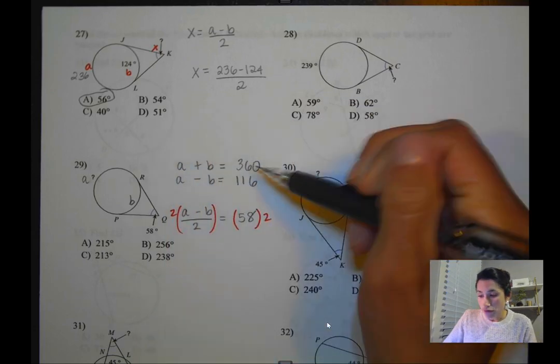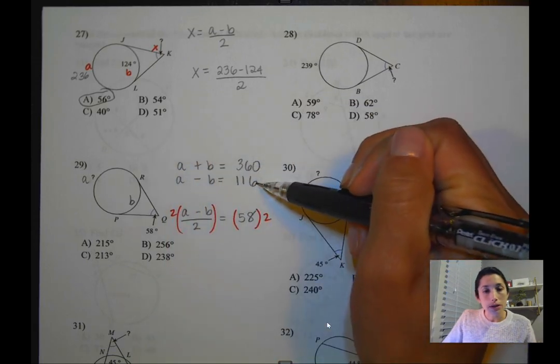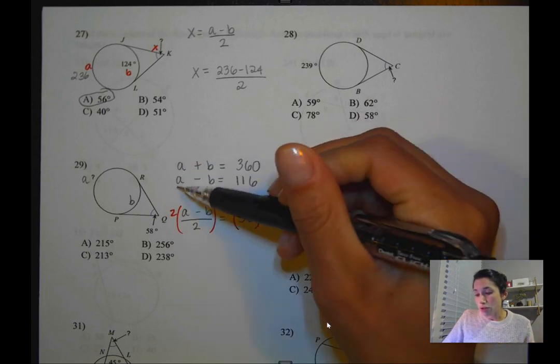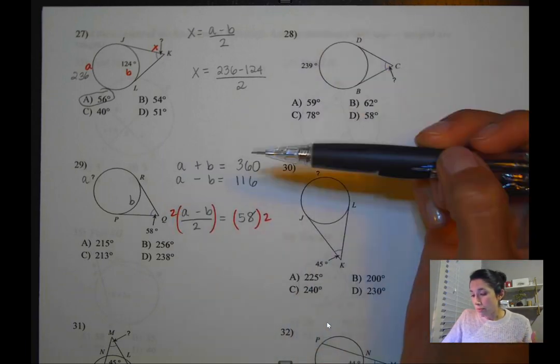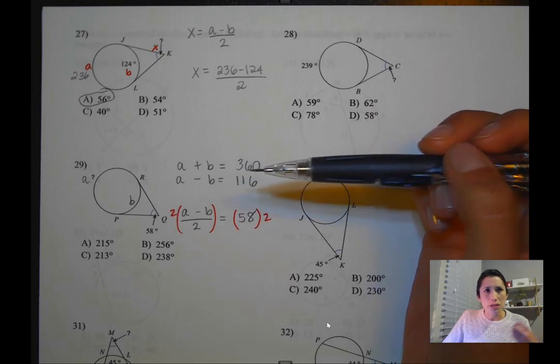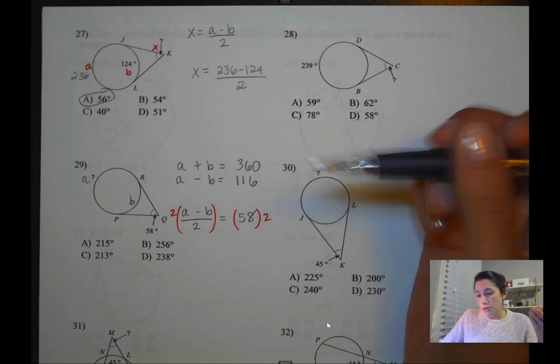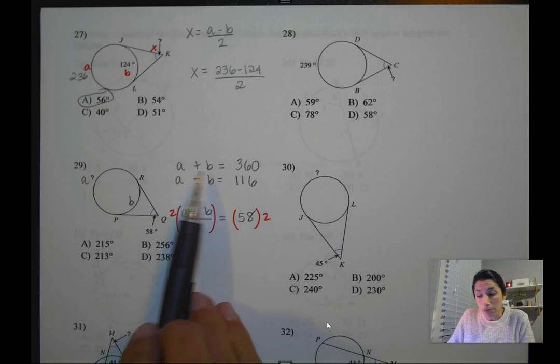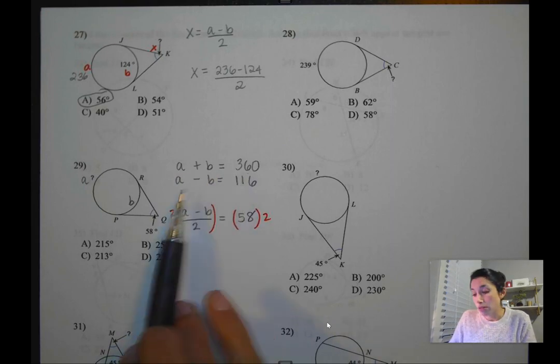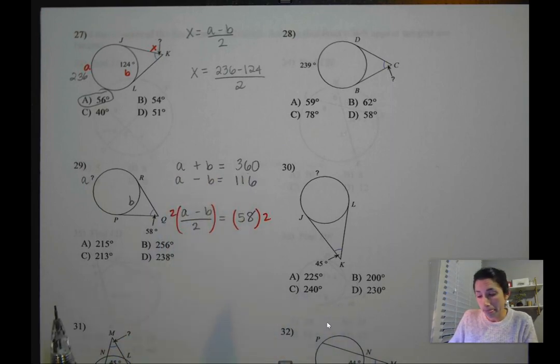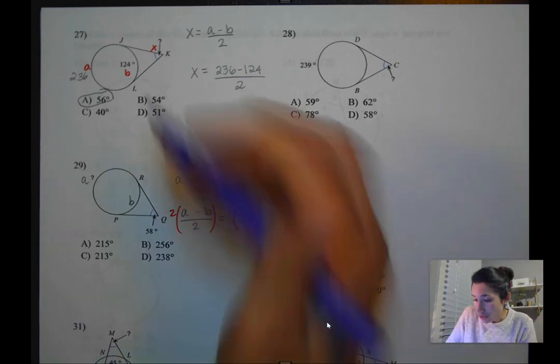Now we have 2 equations that we can use to create a system of equations. If I add these 2 equations together, we'll eliminate a variable. That should be somewhat familiar from algebra. Essentially, I'm looking for 2 numbers that add to 360 and subtract to 116. Instead of guessing and checking, we're going to add these 2 equations together.